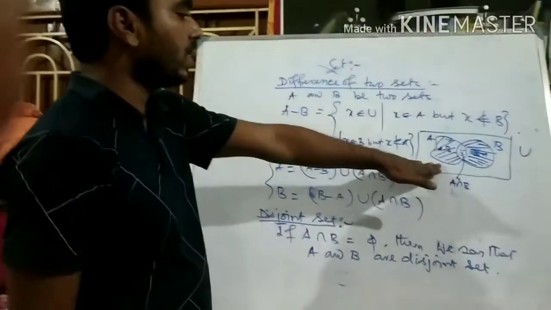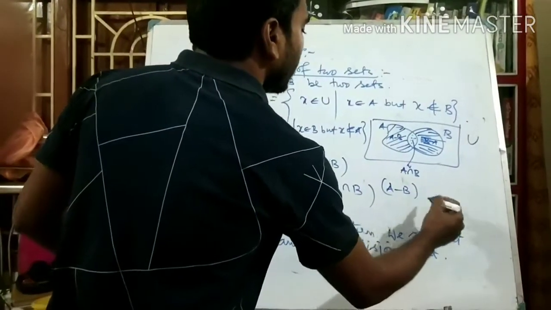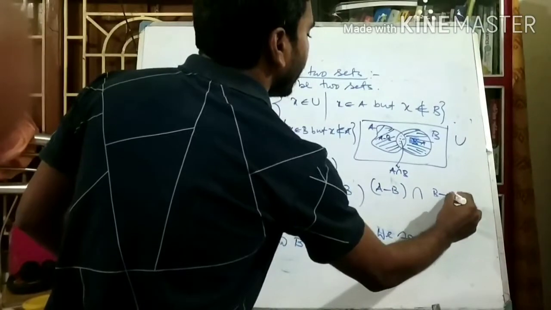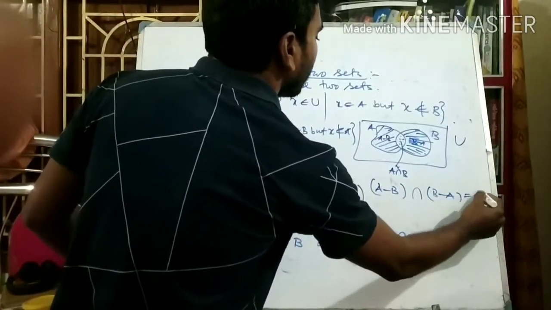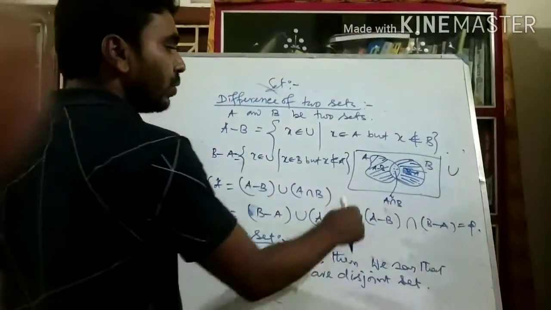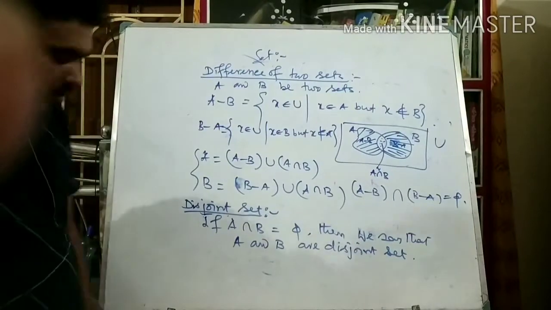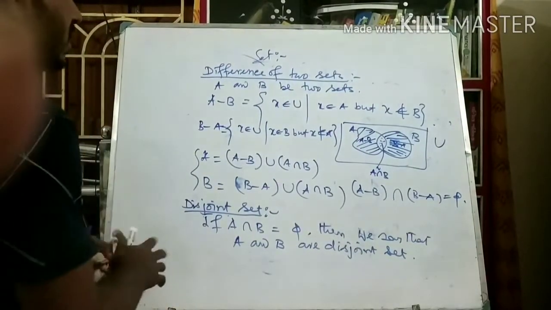So from here we can see that A minus B intersection B minus A is equal to phi. That means A minus B and B minus A are disjoint sets. Also, A minus B and A intersection B are two disjoint sets.